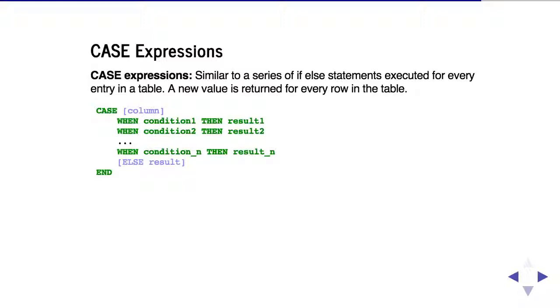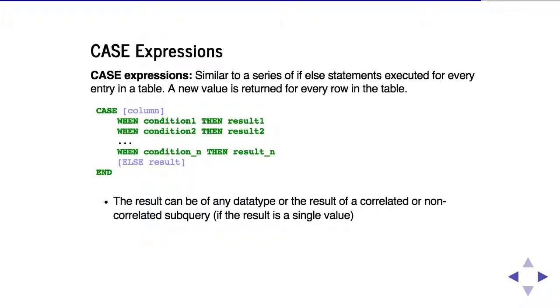So basically case, and when condition, then give it a result. At the end, we can have an else statement as well, and close it off by using the word end.